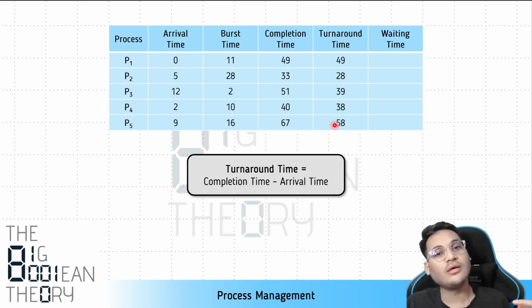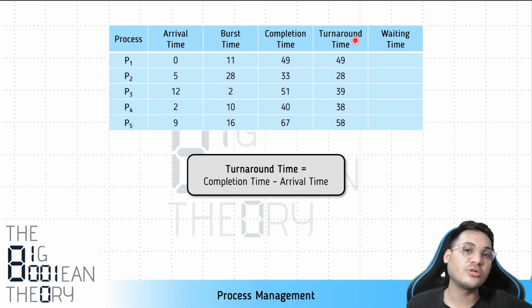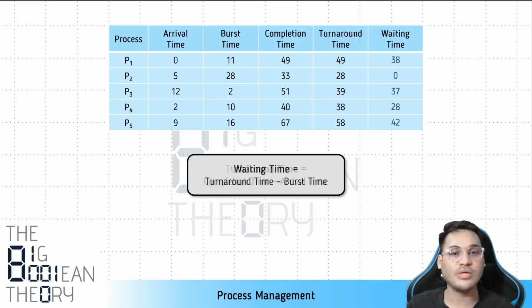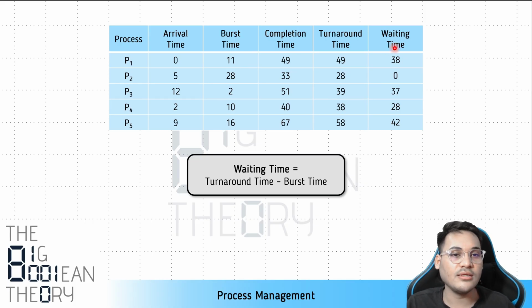That is the time during which the process is waiting for the CPU to be assigned, not executing on the CPU, right? That is burst time. So to get the waiting time, we simply have to subtract the burst time from the turnaround time. So basically from the total time that the process spends in the system, if you subtract the time it has spent on execution, then you get the time during which it was not executing, right? So that is how we calculate the waiting time.